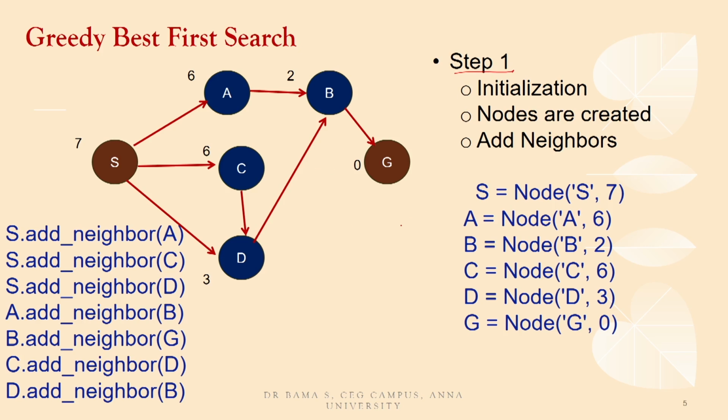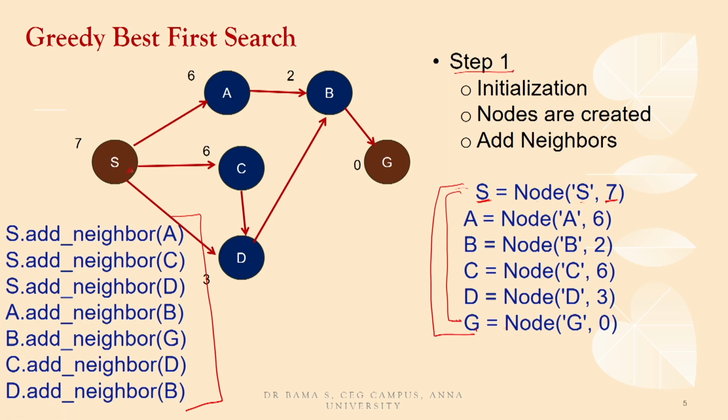We have 2 blocks here, one is the node, another one is the neighbors. The node we declare as S is equal to Node S7, which means the node's name is S with the heuristic value 7. So we are giving this block of code to create the nodes.